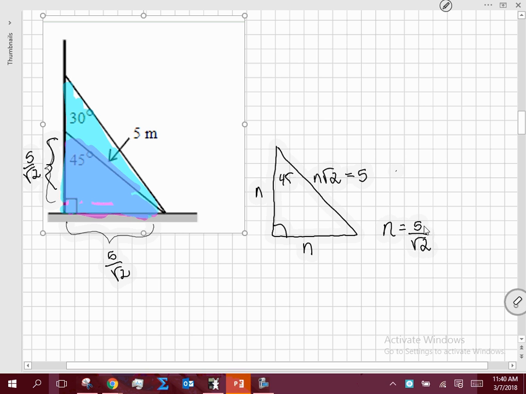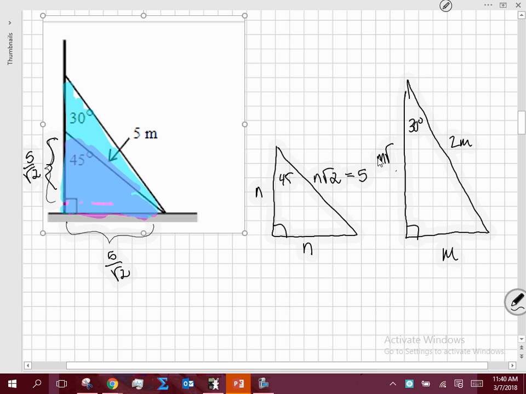So now you know in a 30, 60, 90 triangle, so this is the longer brace, okay? This would be your 30-degree angle up here, and this is going to be your inside. Well, let's use a different variable. Let's say this is your m side. This is 2m, and this is m radical 3, right?